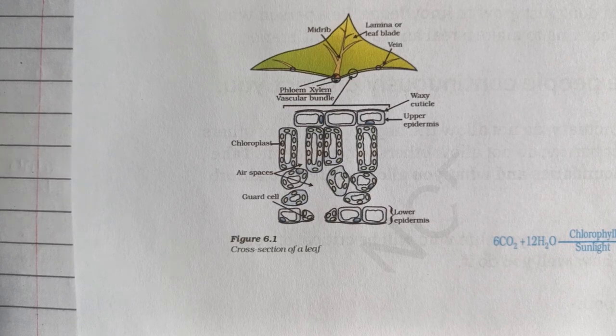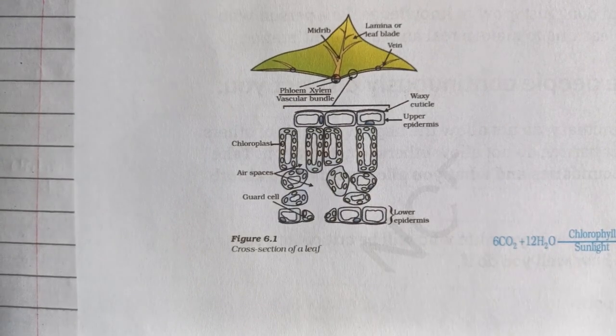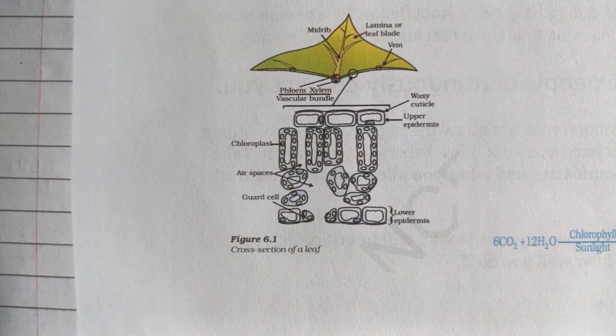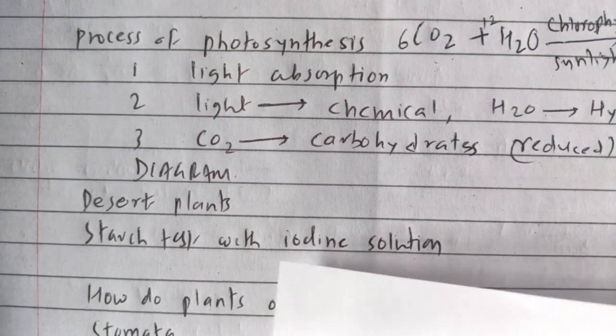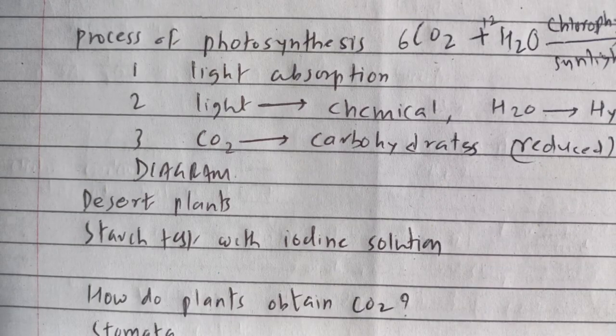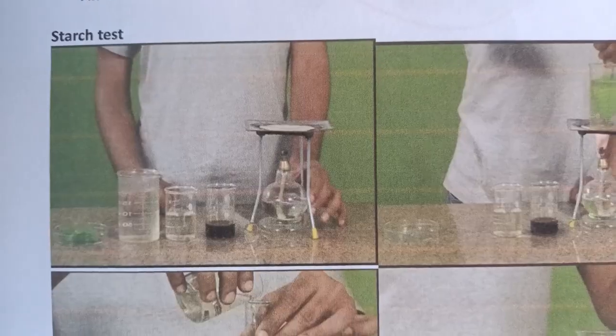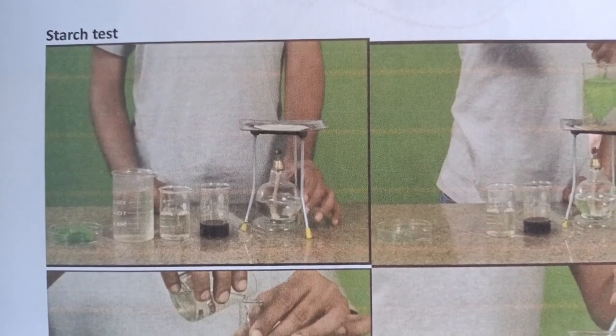They contain chlorophyll, and the chlorophyll is the most important component of the process of photosynthesis. Now your book, the CBSE book, gives you an experiment, and this experiment wants you to perform a starch iodine test. So here is a starch iodine test.